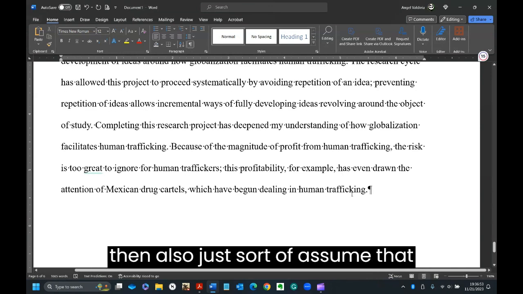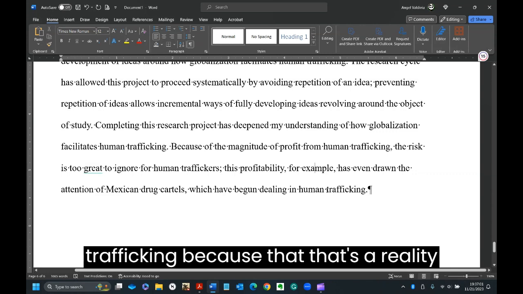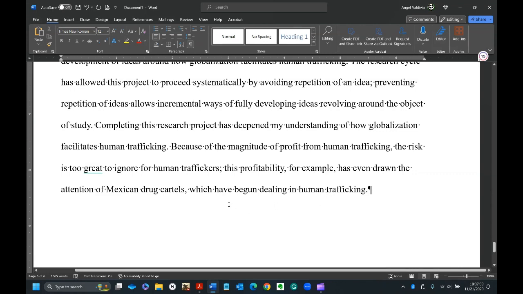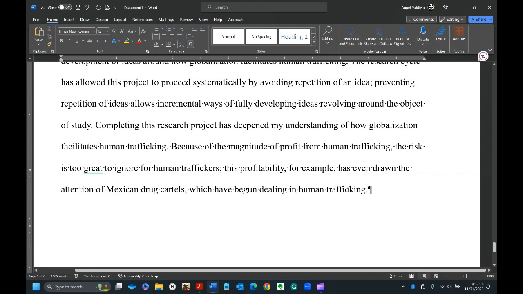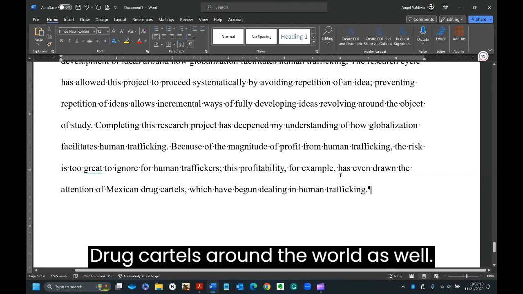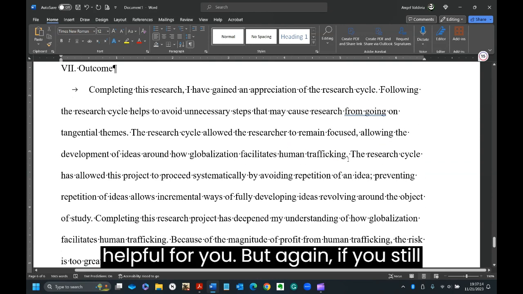But also, just assume that in the lit review, I talked about drug cartels and how that relates to human trafficking, because that's a reality that has been happening in Mexico and also in other drug cartels around the world as well.